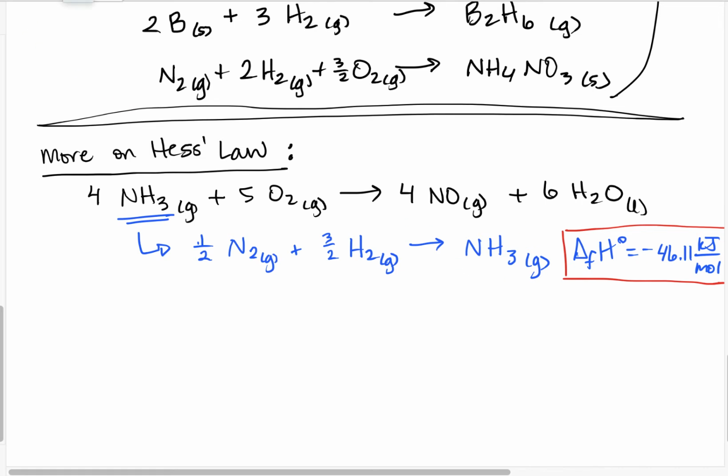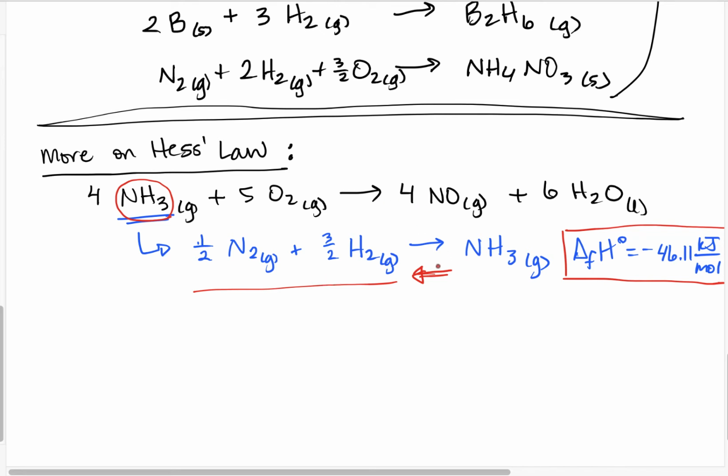So let's think about how we can relate this to what we've got right here. Notice that we have ammonia here, but we want to make the ammonia into something else. So that functionally means that we really need to undo this ammonia reaction so that we have some free nitrogen and hydrogen atoms for us to work with.